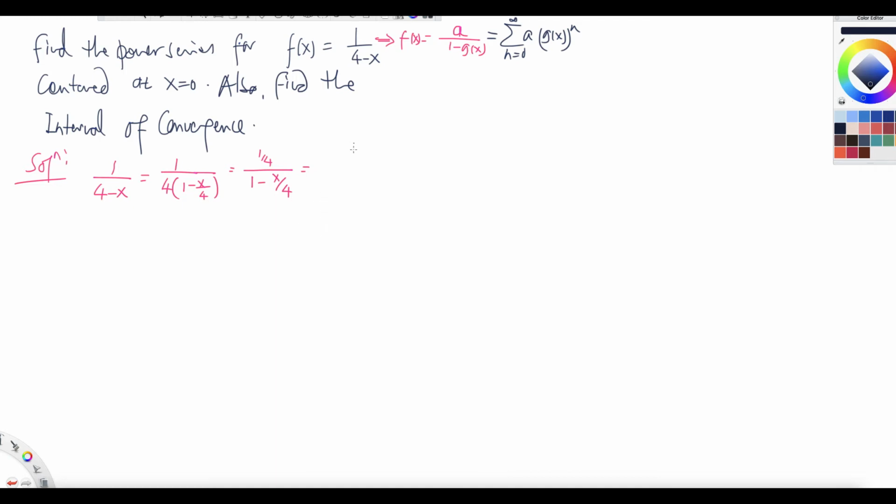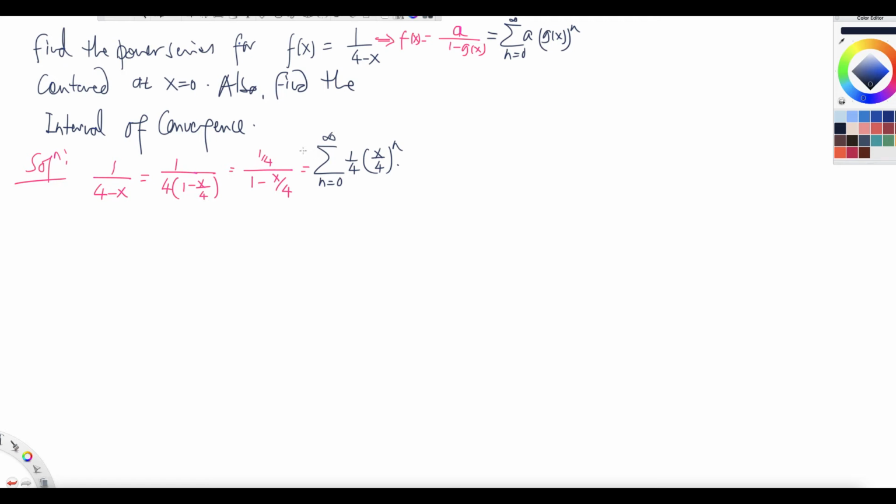So you can write this as the summation from n equals 0 to infinity of 1/4 times (x over 4) to the n. This is the power series representation at c equals 0.